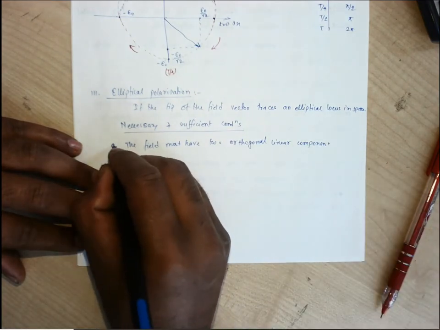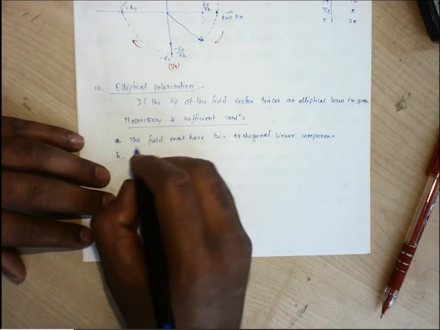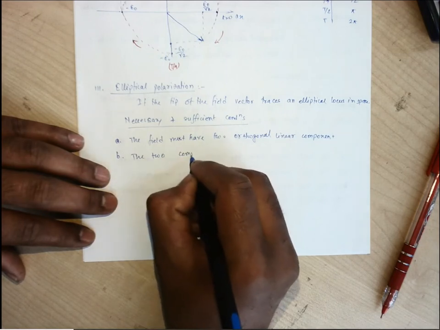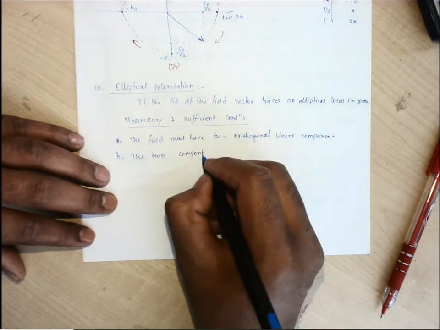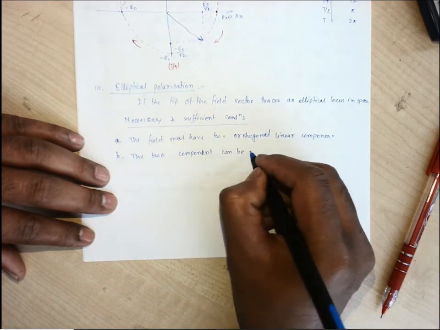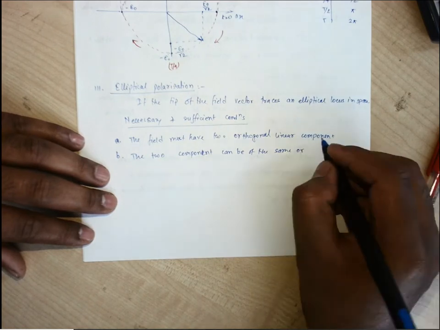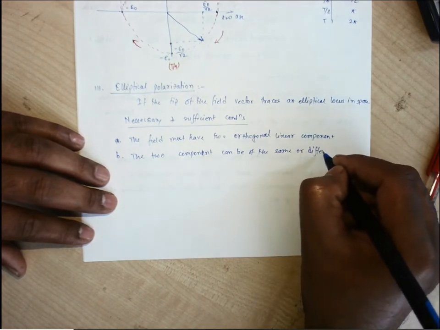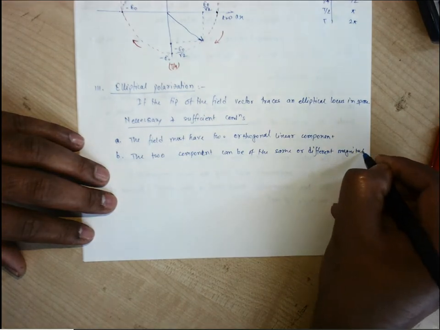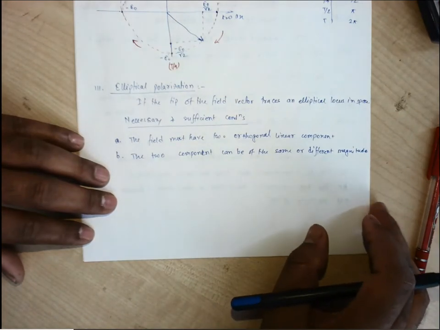Second point, the two components can be of the same or different magnitude. If they have the same magnitude, we can have circular polarization.